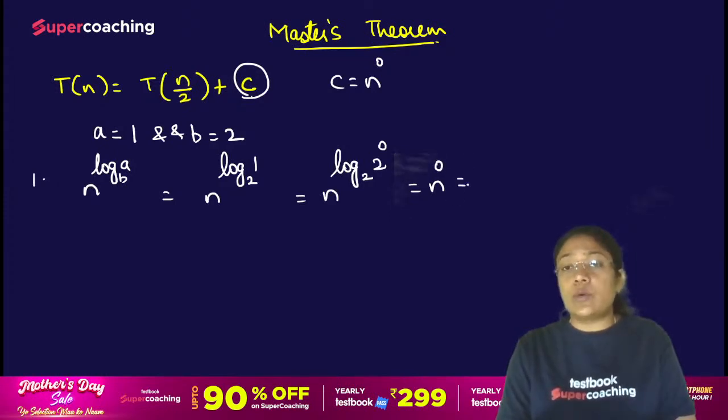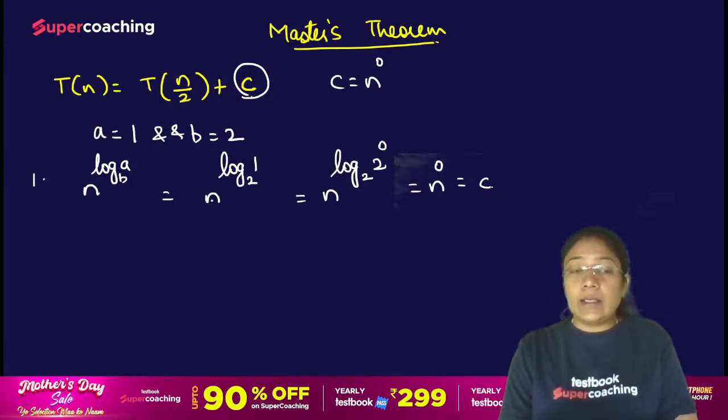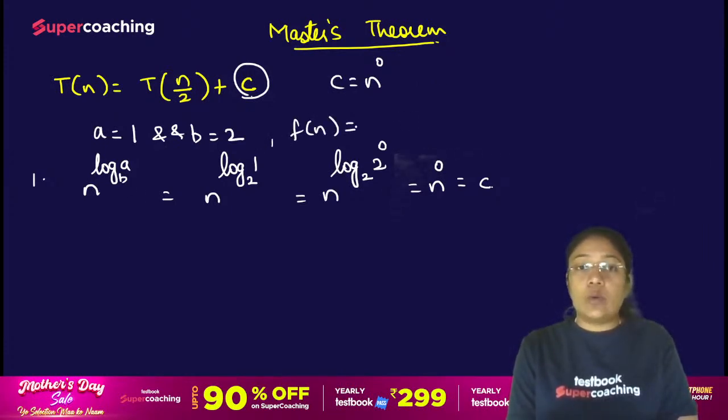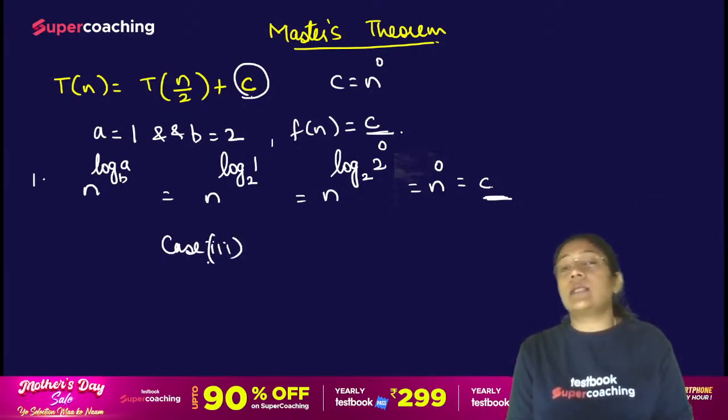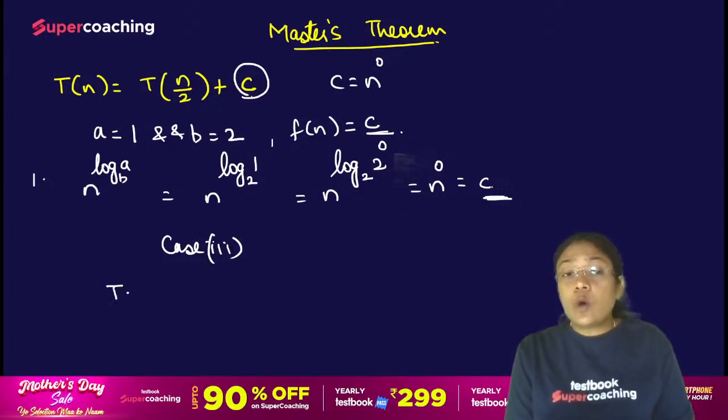N raised to power 0 is nothing but that is constant. So here f of n is equal to constant. अब जब आप दोनों functions को compare करोगे, this is same. So this means that here we'll be applying the case 3 where n raised to power log a is equal to f of n. So the time complexity is f of n. F of n is what?